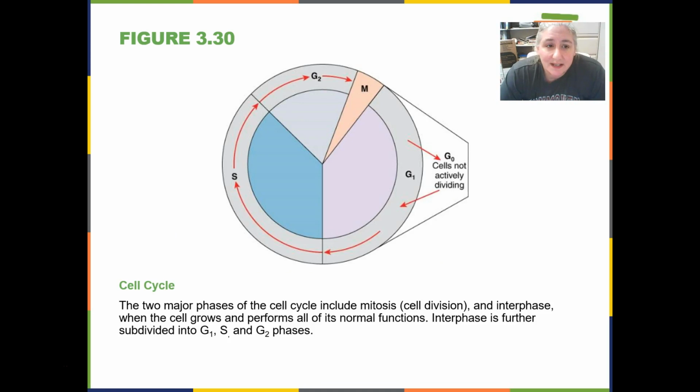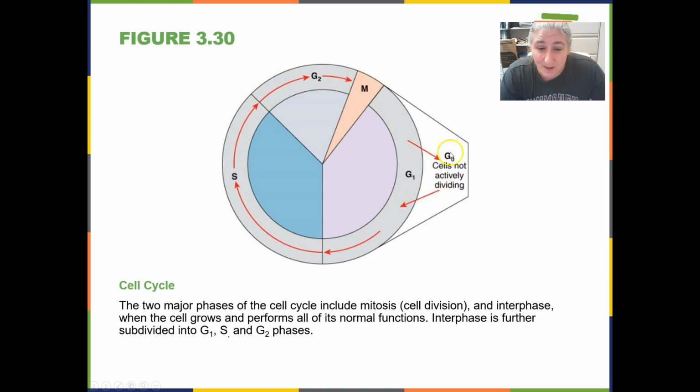So cell division has that interphase period, and then you have the mitotic phase. So all of this gray material here is interphase, and it's separated into three regions. We have the G1 phase, the S phase, and the G2 phase. Some cells enter a G0 phase where they are not dividing at all.